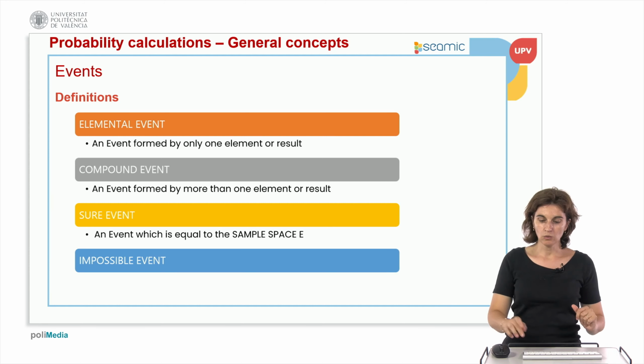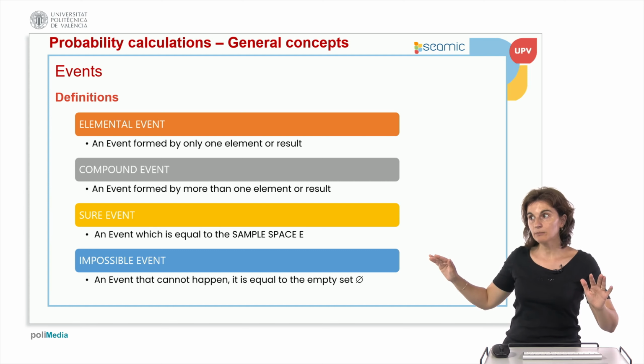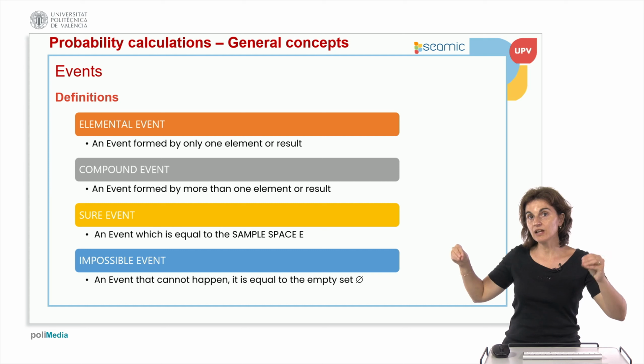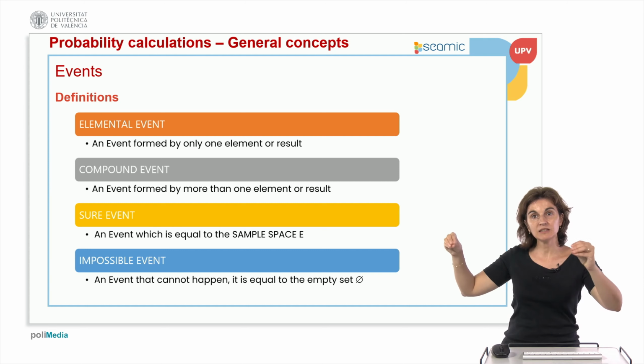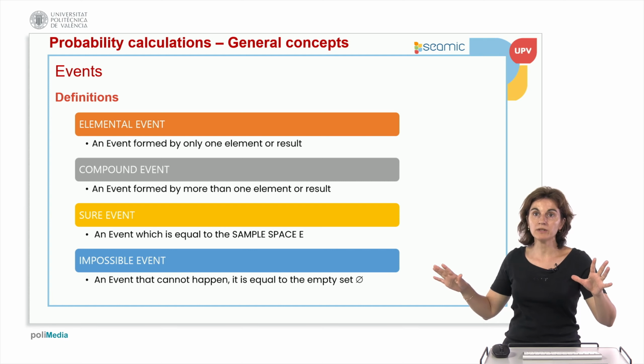And finally, an impossible event is one event that cannot happen. So the set of elements that are included in this impossible event is the empty set. Nothing is included in this impossible event. Why? Because it's unfeasible that it happens.